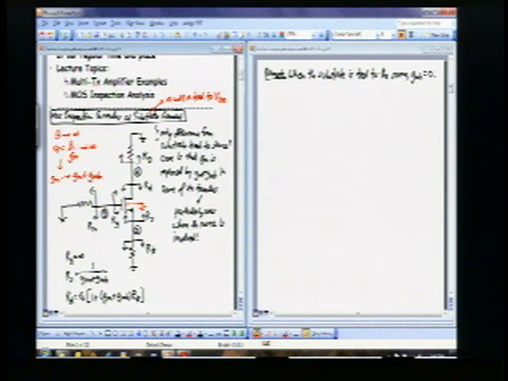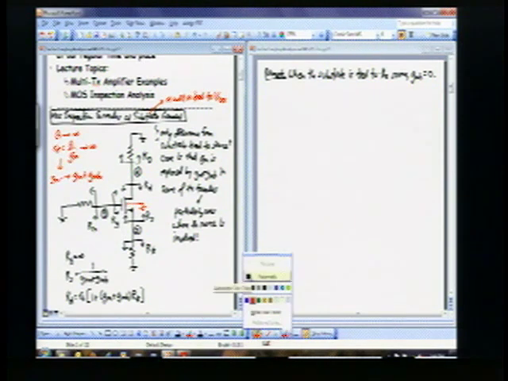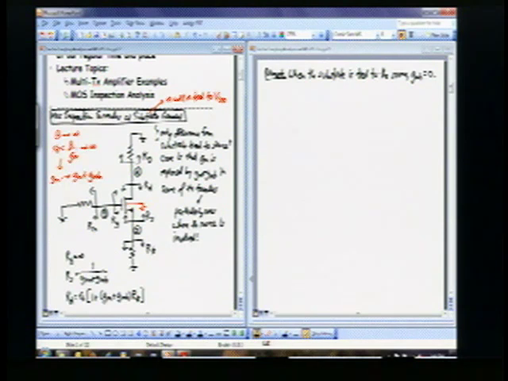We did an actual small signal analysis for a small circuit last time to prove that this gmb comes into play, but I'm going to do one more so that you're a little more comfortable with this. Let's do a little example that further expresses the effect of this gmb constant.